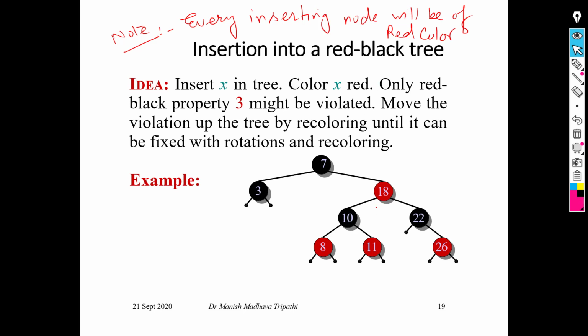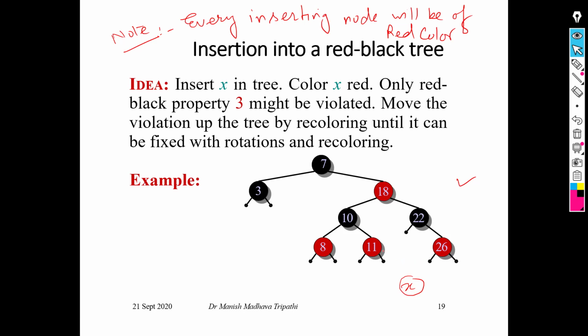So the problem is that this is a balanced red black tree. If we insert a red color from this end, suppose the red color is X, and we are inserting from this end, right hand side of 11, then property number 3 will be unsatisfied here.